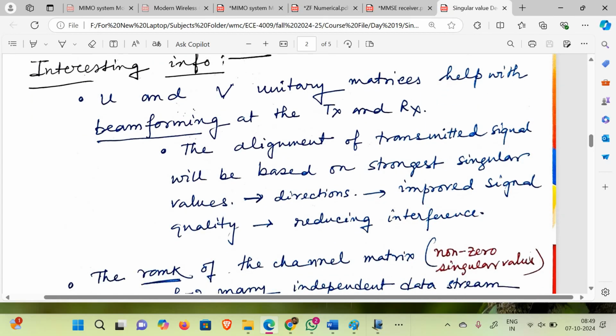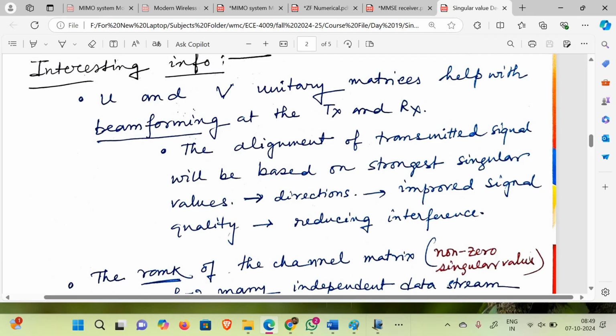One of the important pieces of information, and the reason we are dealing with U and V, is that U and V are the matrices which give us information about beamforming at the transmitter and the receiver. Beamforming as a technique we might not be discussing in this class as such, but in general it is a process in which we estimate the density of users and accordingly redirect the power towards that particular set of users for better coverage.